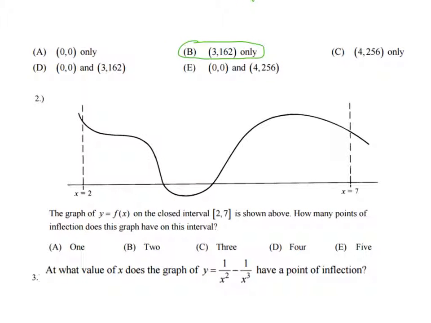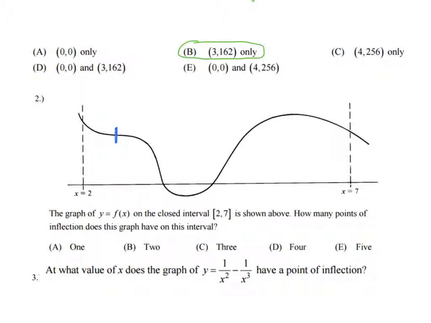We're looking at a picture of the function. So if we look at a picture of the function from 2 to 7, our graph starts out concave up. And then the graph is concave down. So somewhere in here there's going to be a point of inflection. Then our graph is concave down, and then somewhere around here the graph changes to concave up. So it's concave down and then it's concave up.